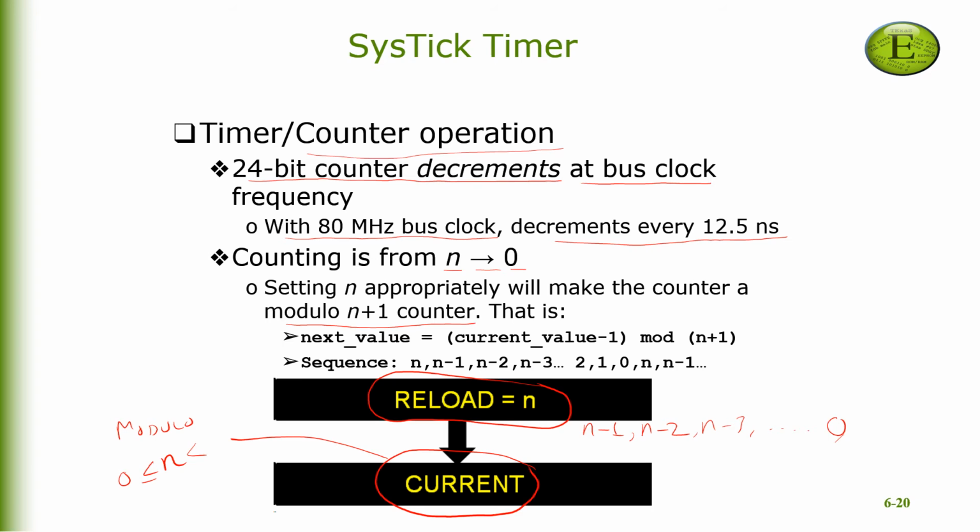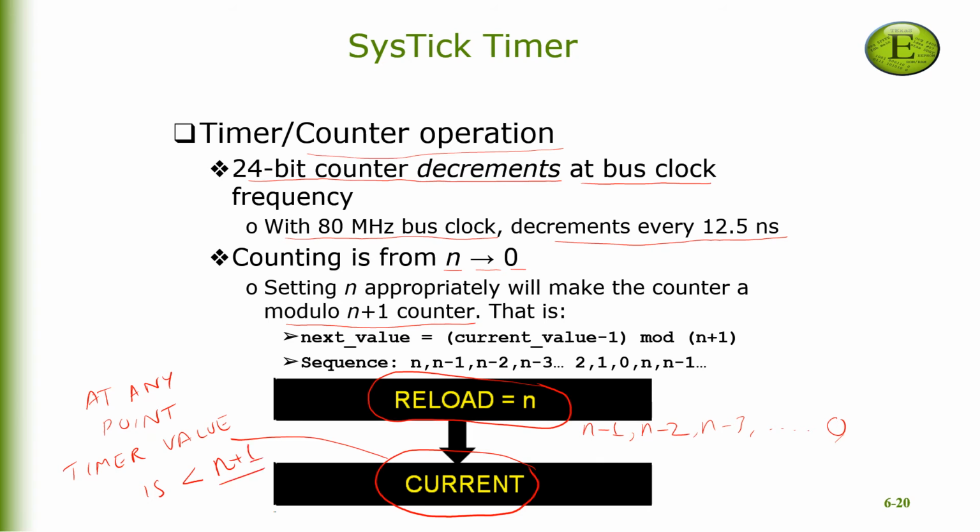So the value of the timer at any point is less than n plus 1.